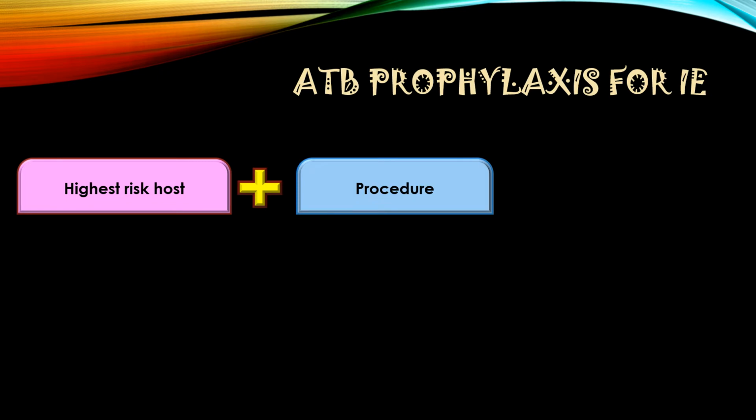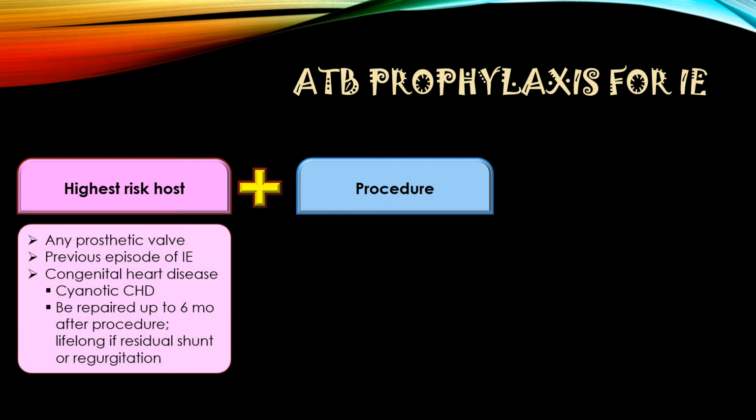First, you consider the risk factors of the host. Only one of these criteria needs to be fulfilled: a prosthetic valve, a previous episode of endocarditis, cyanotic congenital heart disease, or congenital heart disease that was repaired less than 6 months ago.